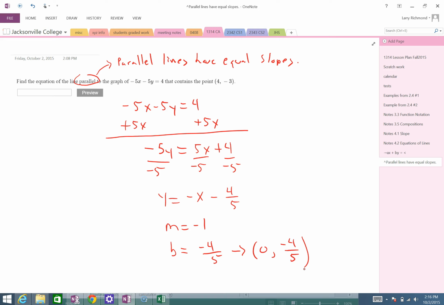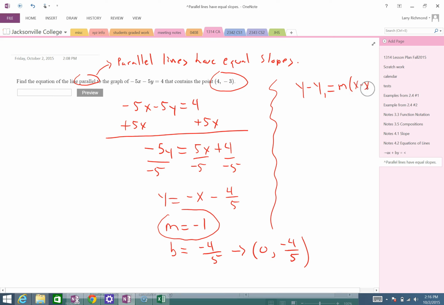Okay, so now we have a slope and we have one point. Alright, so we're ready to go. We know the slope of this line is negative 1, so the slope of any parallel line is negative 1. So now I'm going to use my point slope form. Okay, y minus y1 equals m parentheses x minus x1.